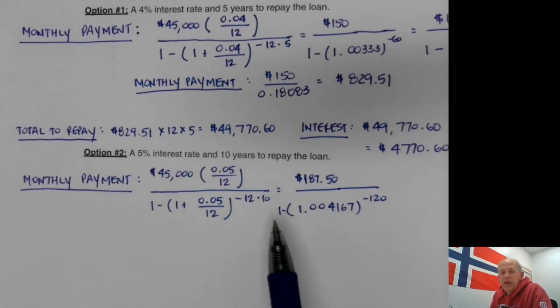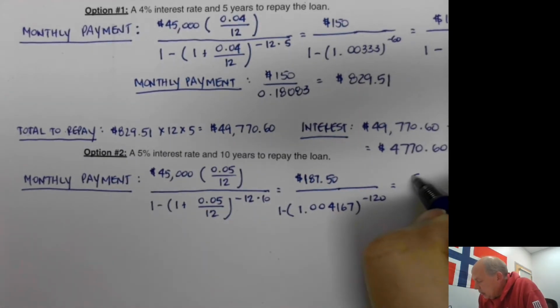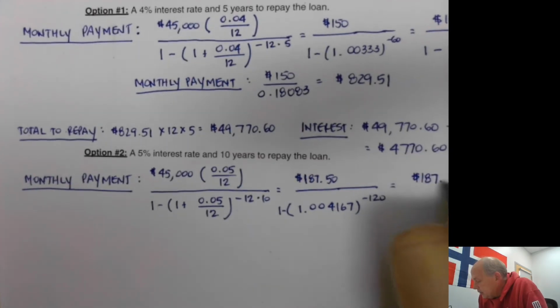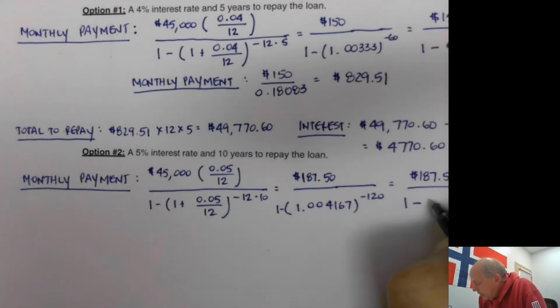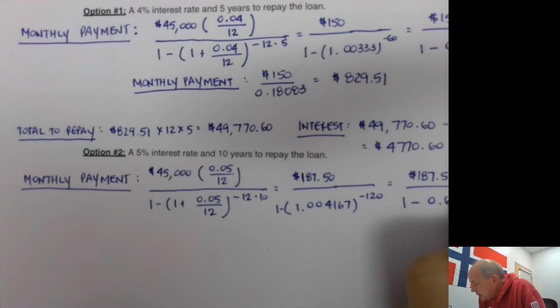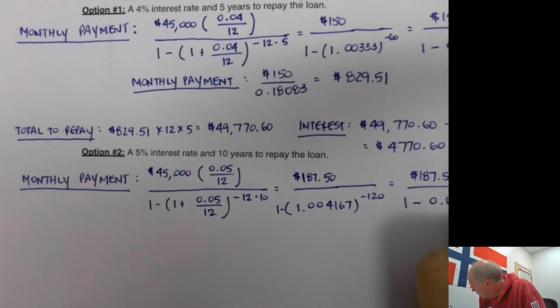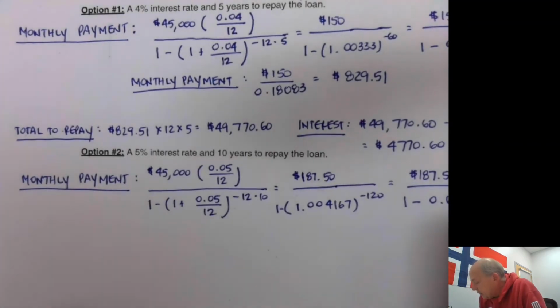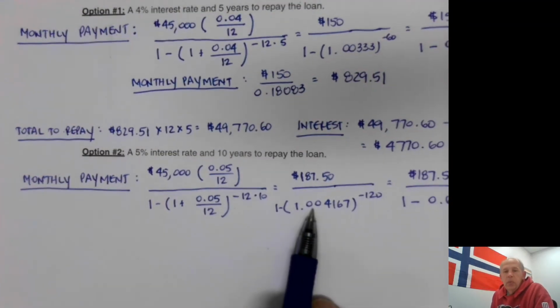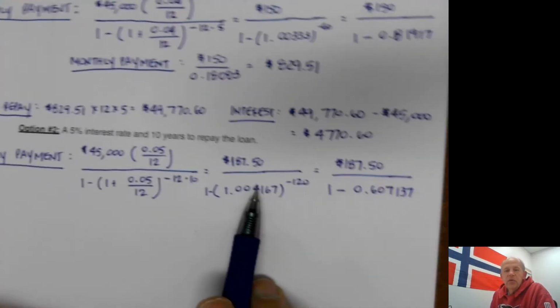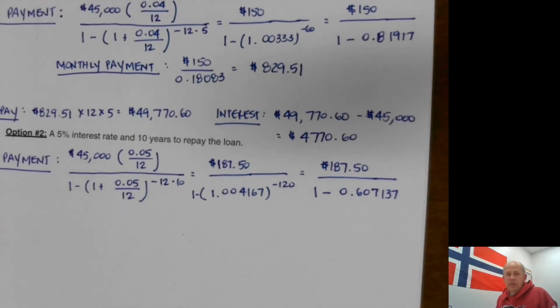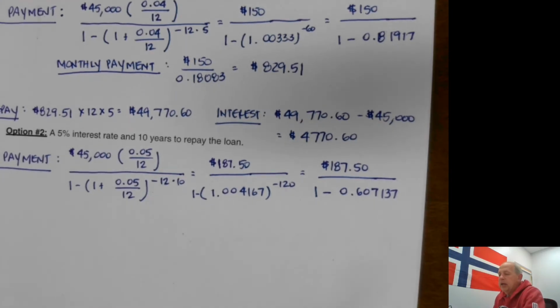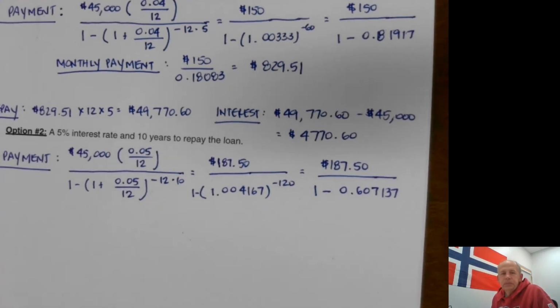So there are all of my values for these conditions. Numerator stays the same, 187.50. 1 minus that value that I find in my calculator is 0.607137. So that comes from 1.004167 raised to the negative 120 power, and there is my value there. And that's something you probably want to practice in your calculator.